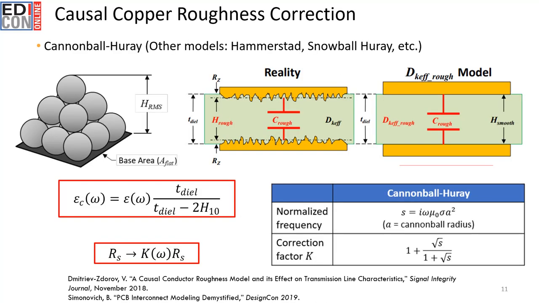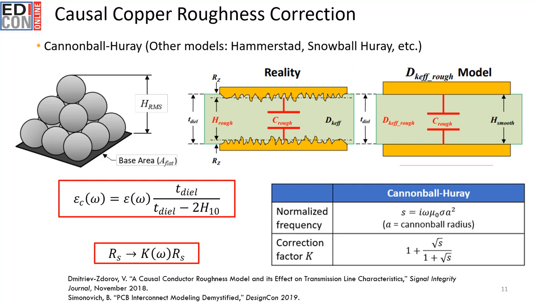So we also need a mathematical way to quantify the effective roughness. The effective roughness is essentially to just increase the magnitude of your skin effect. And this is done just with a functional transformation here in the lower left portion of the screen.